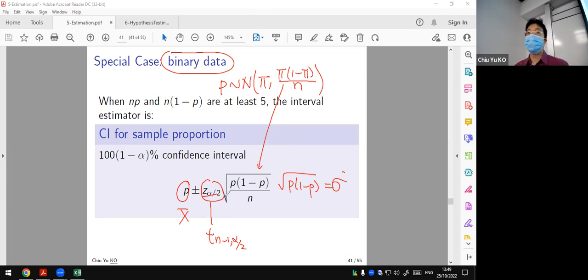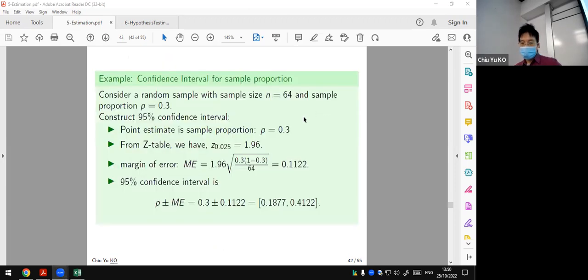Is that clear? Let me see, an example will be more useful, because this is a rather useful technique. You are asking a question from a random sample of n equals 64, about whether people like cats or not.